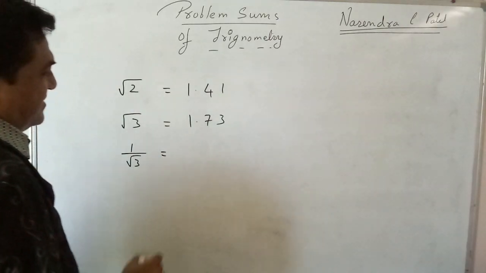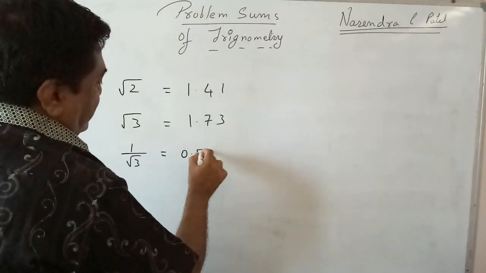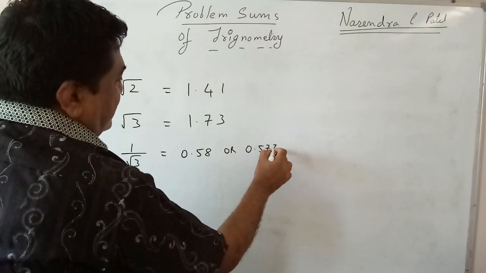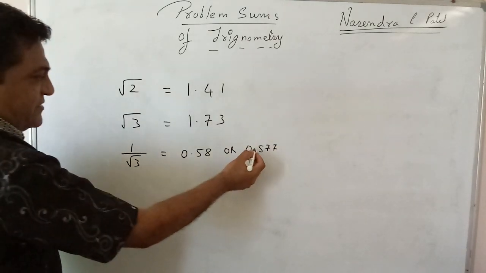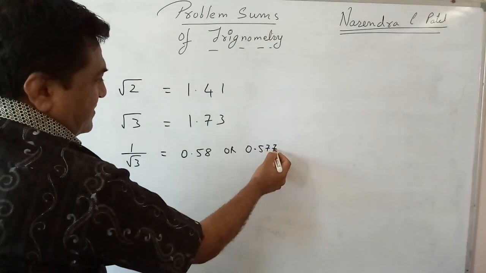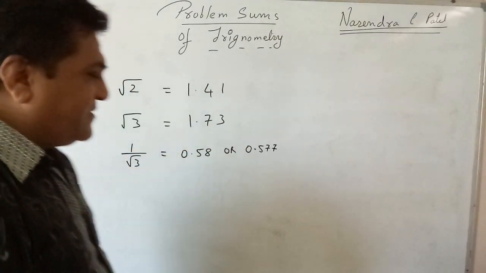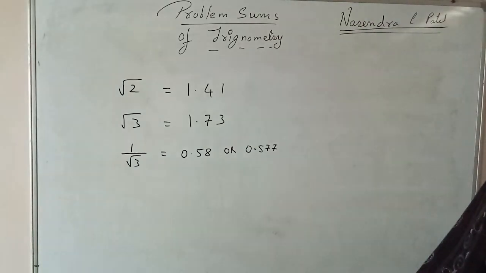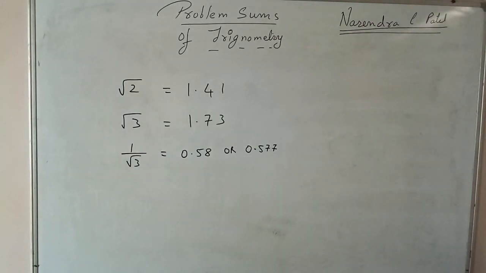If you don't want to rationalize it, in 3 digits you can use 0.577, and in 2 digits you can directly use 0.58. No need to rationalize the root 3. These 3 values you should remember. Whenever you need them, you have to put these values and use them.